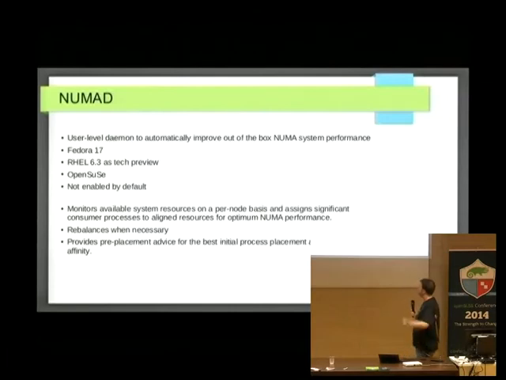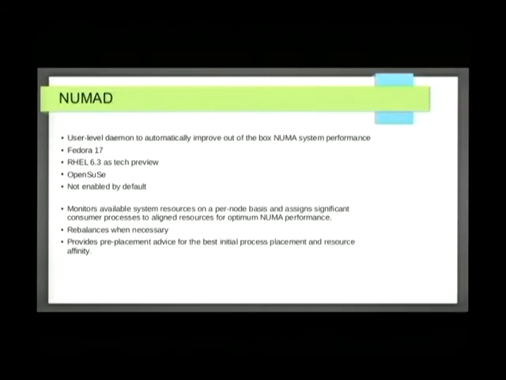numad is a user-level daemon to automatically improve out-of-the-box NUMA system performance. It's available in Fedora 17, Red Hat Enterprise Linux 6.3, SUSE Linux Enterprise Server 11, and openSUSE, I think, 12. It's not enabled by default. This daemon monitors available system resources on a per-node basis and assigns significant consumer processes to aligned resources for optimum NUMA performance.